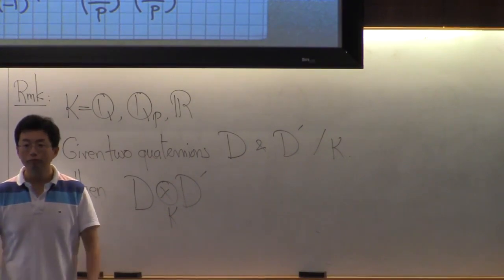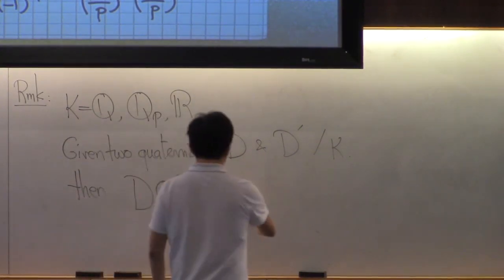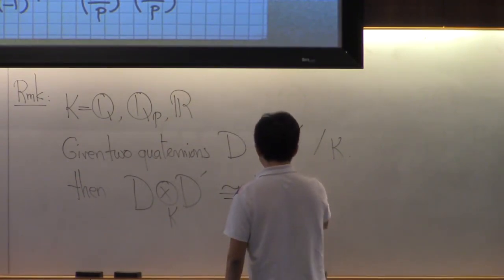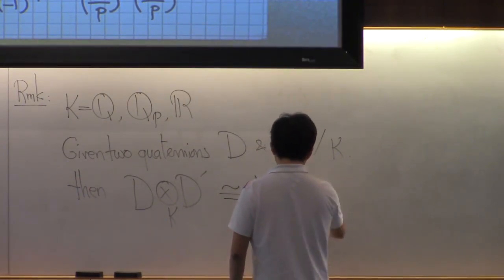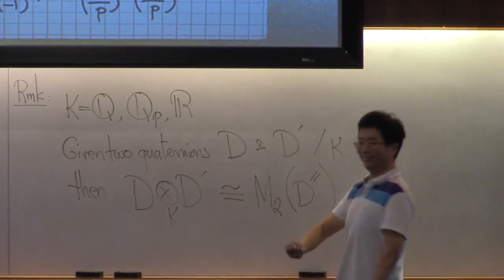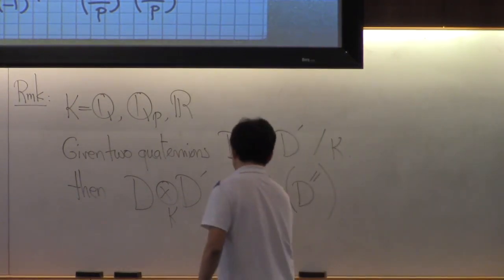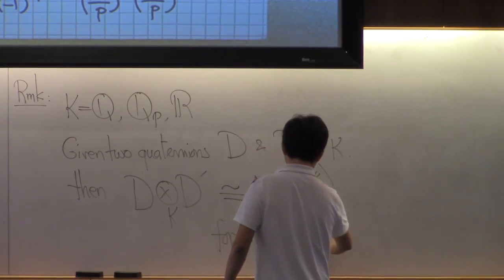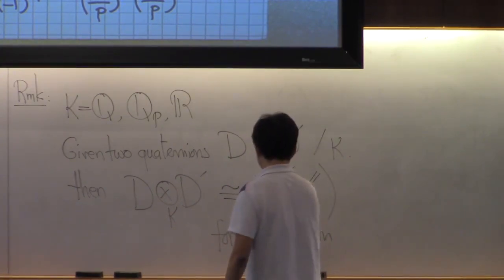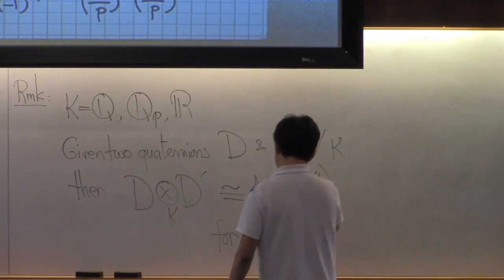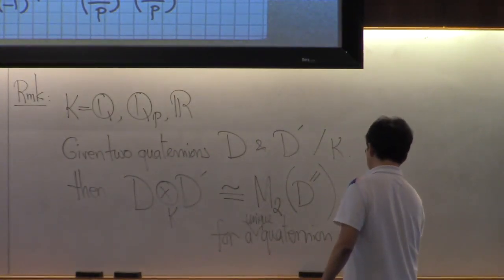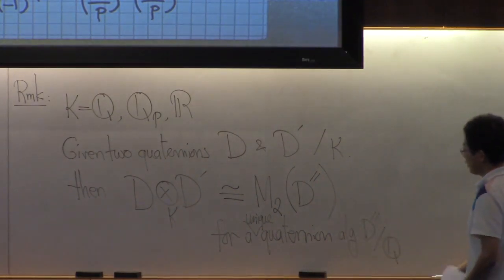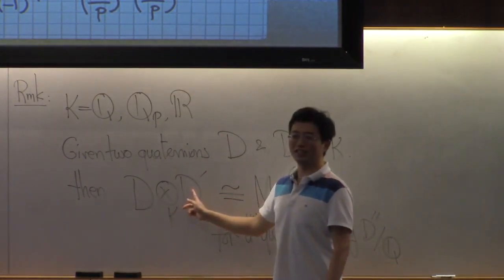K algebra. As it turns out, at least for these three fields, it's always isomorphic to the matrix algebra with coefficients in another quaternion algebra, actually a unique one, after isomorphism. So let's count dimension. 4 times 4 is 16.